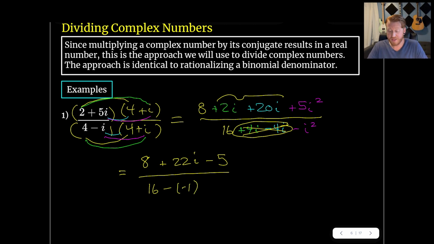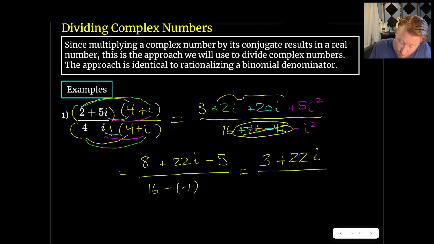So here I am trying to be extra careful to make sure I don't miss a sign here. So now looking at my real parts in the numerator, I have 8 minus 5, which will give me 3, plus 22i, all over, and now we've got 16 minus -1, which says 16 plus 1, which is 17.